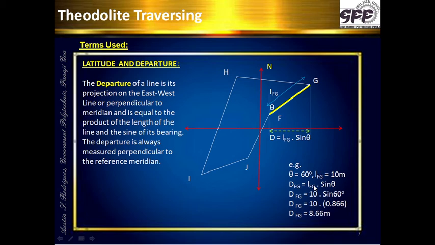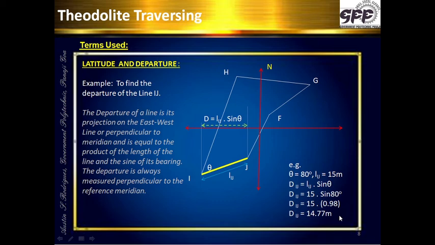The departure of FG is 10 meters into sine of 60 degrees, which is 0.866, so the departure of FG is 8.66 meters. That means the projection of this line on the horizontal axis, or the east-west axis, is 8.66 meters, or the departure of line FG is 8.66 meters.